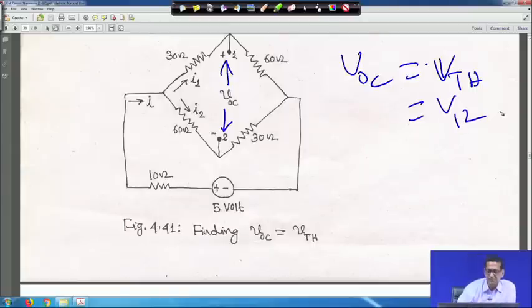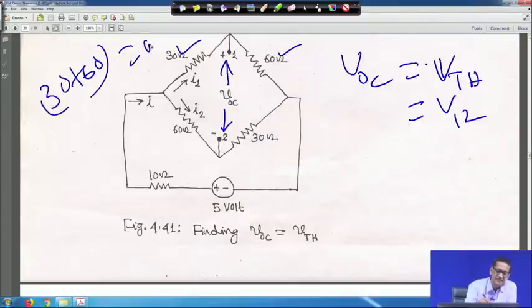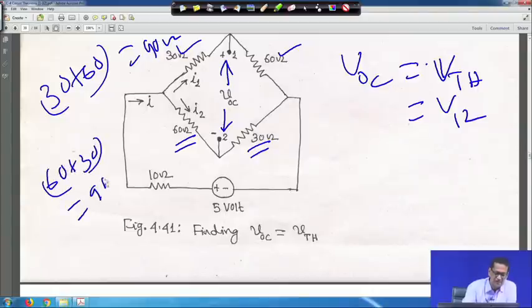As soon as you open this 50 ohm resistance, look at that, this 30 plus 60, these two are in series. So, 30 plus 60 for this branch is equal to 90 ohm. This side also, this is 60, this is 30. So, 60 plus 30 is equal to 90 ohm, right.